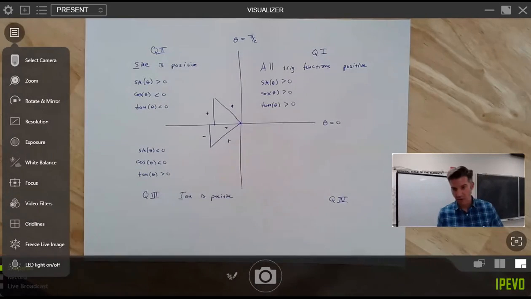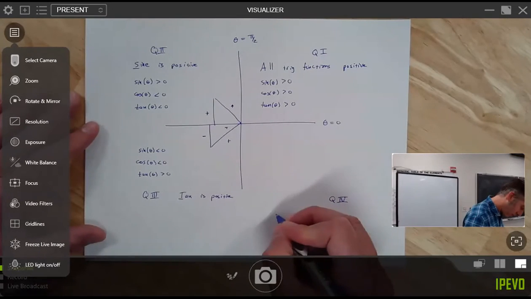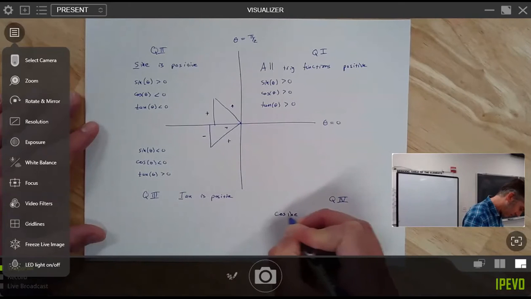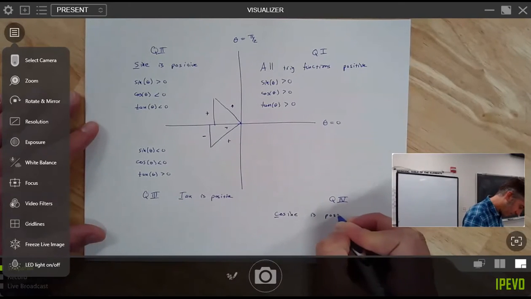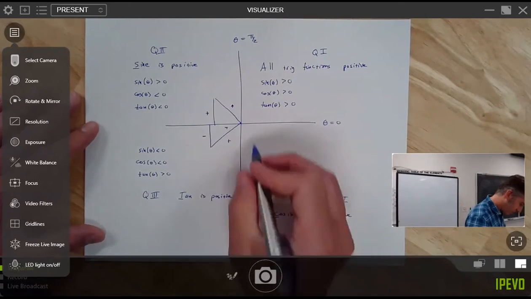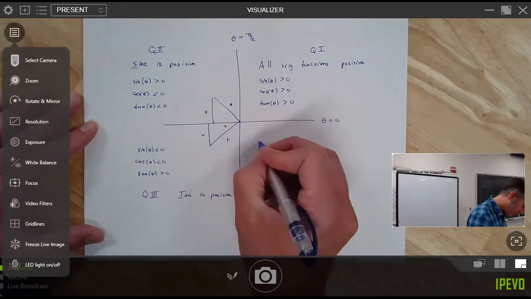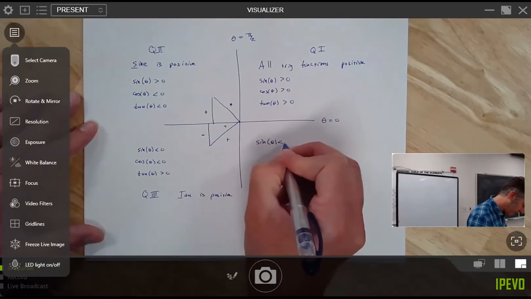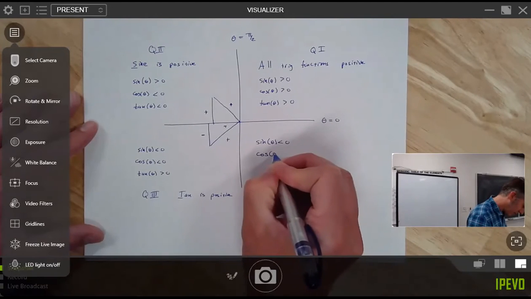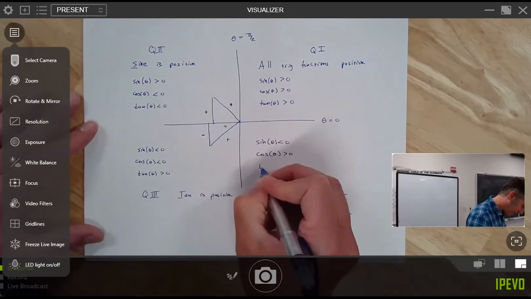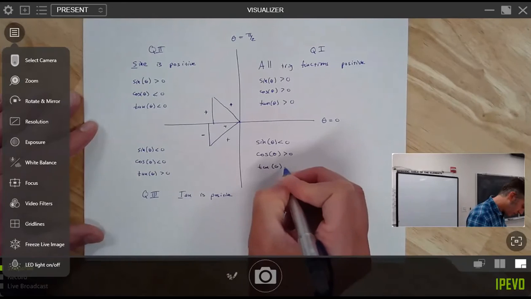And finally, in quadrant 4, we've done sine is positive, then tangent is positive. The last one to be positive is cosine. So in quadrant 4, cosine is positive. So we have sine is negative, cosine is positive, and tangent is negative.